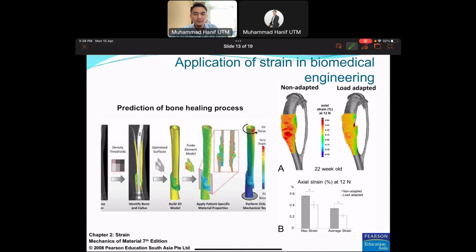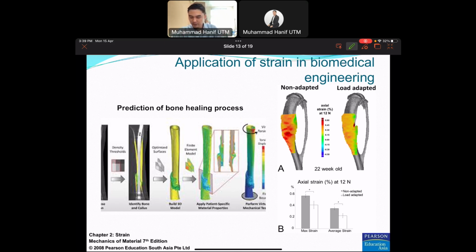For example, if you become a researcher, maybe master or PhD, or if you join the R&D department in a multinational company, maybe you will use this knowledge to do the analysis. So you can see the bone healing process by having the strain calculation there.